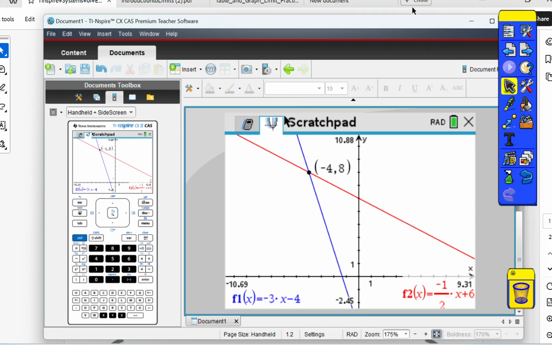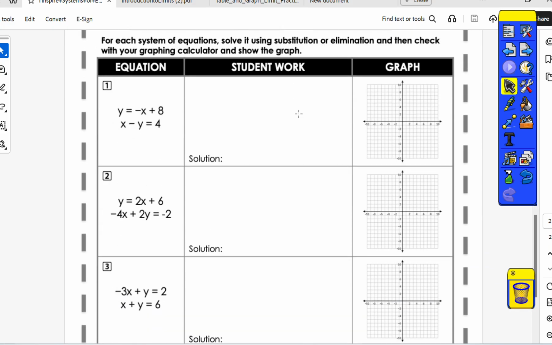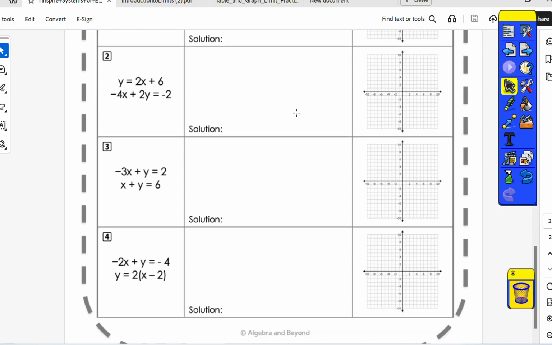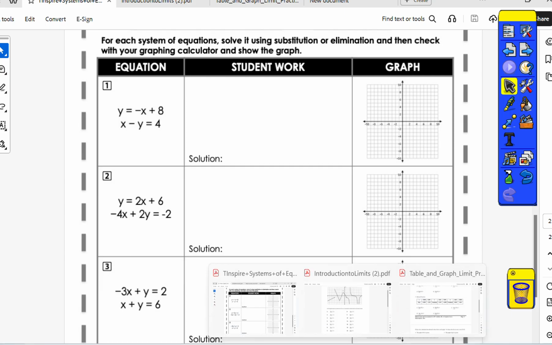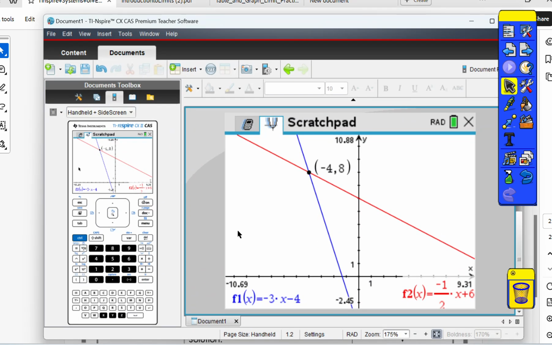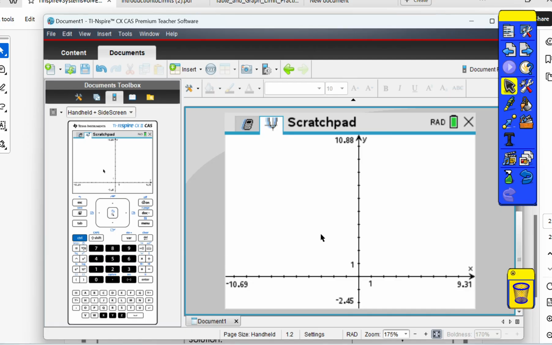Okay. Let's go to the math. We're going to do number 1. Delete, delete, delete. Now, I usually just leave my graph. Some you can reset it, but we're probably going to have to move it anyway, so I'm just going to leave it.